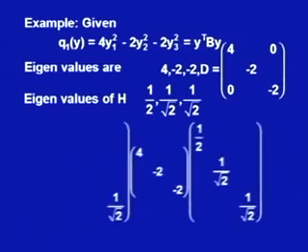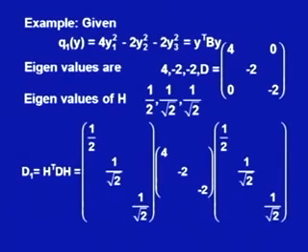Now, let us compute D1 as H transpose G H. So, I am writing H transpose. Now, H is a diagonal matrix, so its transpose will be the same as H, and values in the diagonal will be 1 by 2, which is the square root of 1 by 4, then 1 over root 2, it is the square root of minus 2. So, it is 1 by root 2, and we have 1 by root 2.